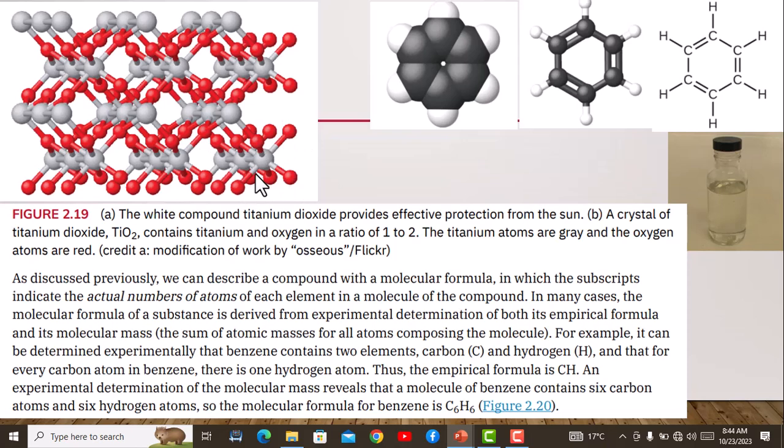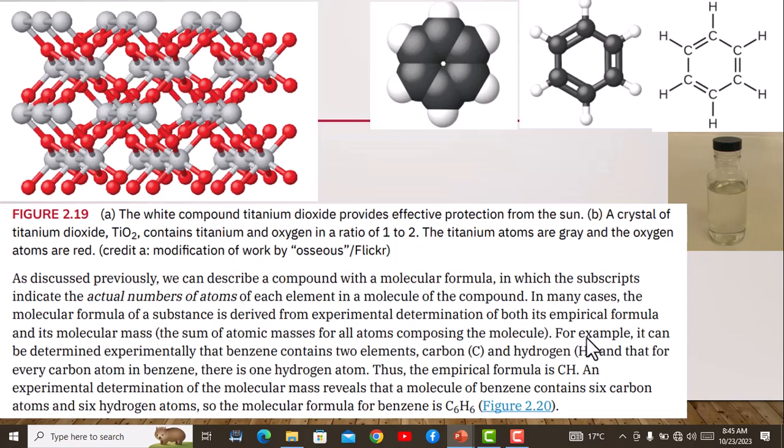Okay, that is fine. As discussed previously, we can describe a compound with a molecular formula and so on. I'm not interested in many of the things that are in here. We talked about the empirical formulas and so on. And this one is for benzene. But let's not deal so much with that.